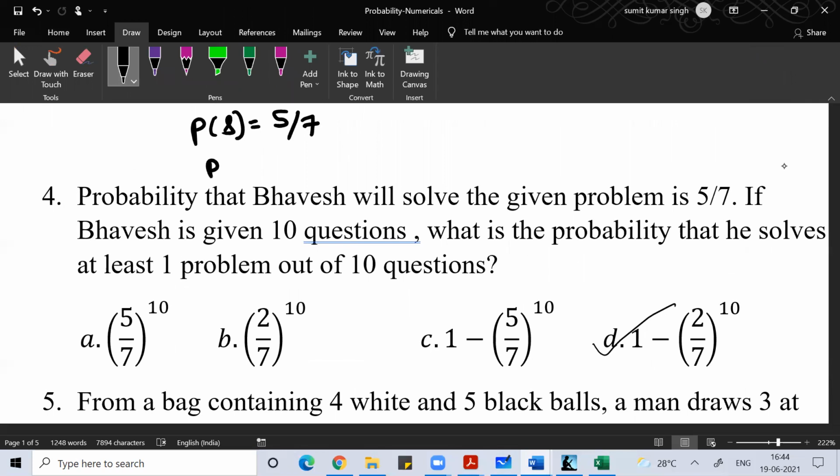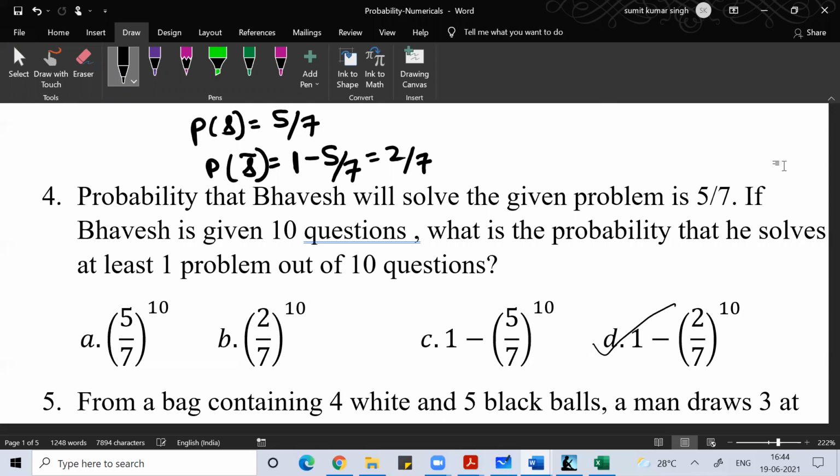Then the probability that Bhavesh cannot solve the problem will be 1 minus 5 by 7, that is 2 by 7. I hope this is clear to you.